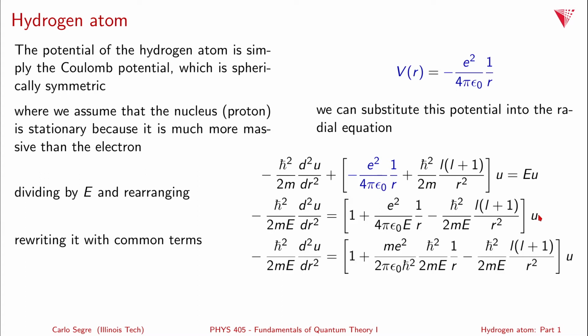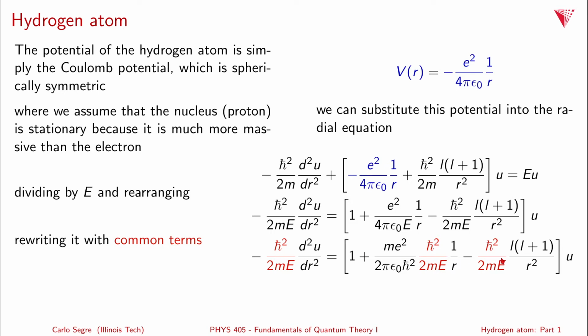We can now rewrite this with common terms. The common terms are h bar squared over 2m, which appears both in the first term on the left side and the third term on the right side. If we take these constants and pull out an h bar squared over 2m, we're left with m e squared over 2 pi epsilon naught h bar squared. And now we have three terms that all have the same constant in front.